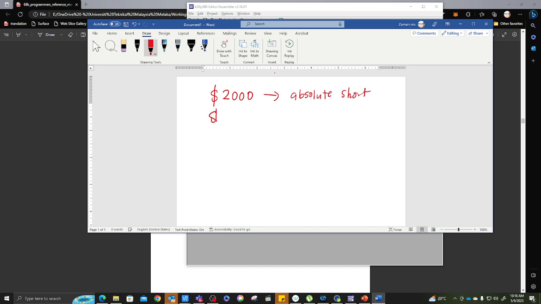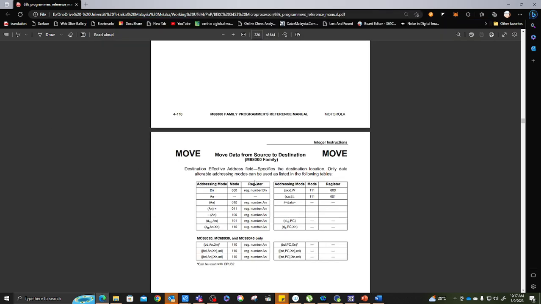And if more than 4 digits, for example 2000 and you have another 10 over here, this is considered absolute long. So this is 4 digits, this is 5 digits and above. Alright, so this pattern, when you look at the table, you are referring to this one. So this is for the case of absolute short.